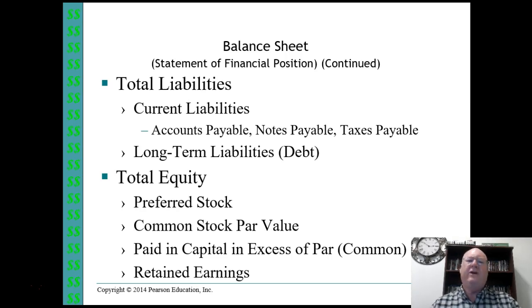There's also a category that's not on here called accrued expenses. And accrued expenses are merely a way of recording at the end of a period that you recognize that you owe money to somebody, but you may not actually have the bill in hand. You haven't had a chance to process it yet. For example, you may know at year end that you have a large utility bill coming that runs through December 31st.